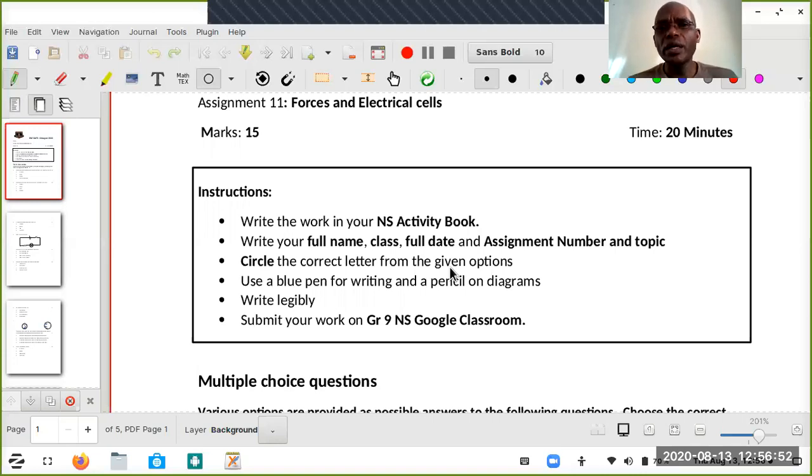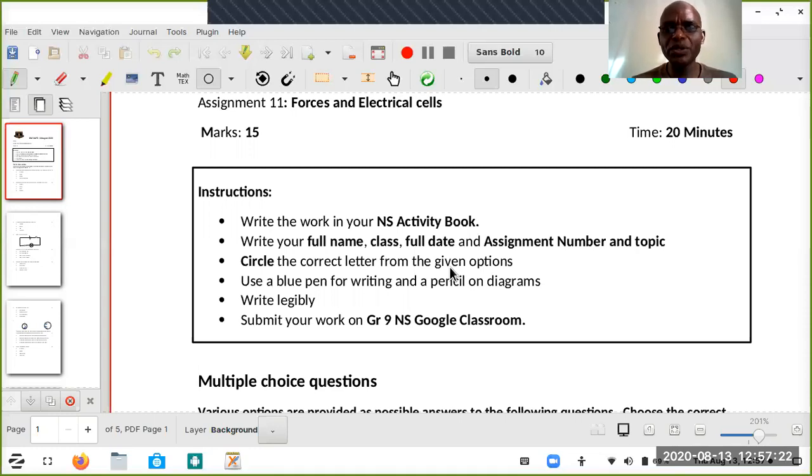So if you fail to submit your script on Google Classroom, then we may not be able to see whether you did the work or not. In order for us to see, and yourself as well to know, that the work is in, it must be submitted on Google Classroom, because it captures everything and keeps it there, right? So please try your level best to submit it.